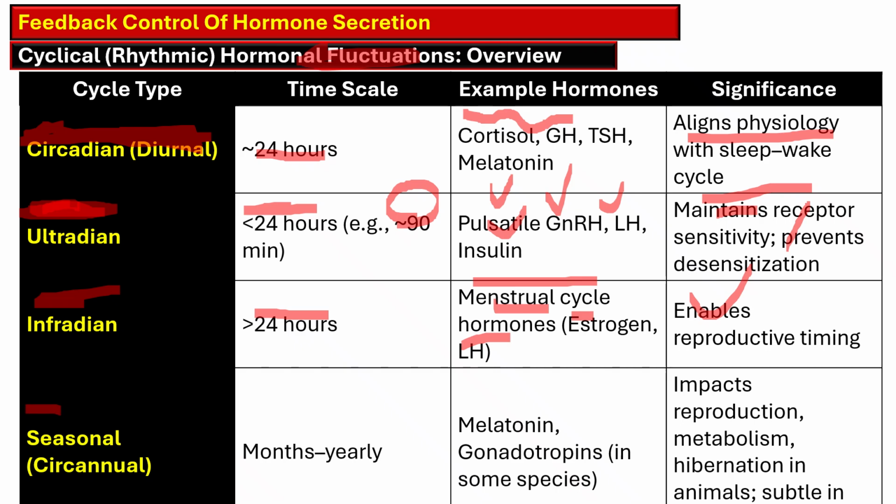Then there are seasonal or circannual cycles that occur monthly or yearly, and the examples are melatonin and gonadotropin in some species, and their significance is that they impact reproduction, metabolism, and hibernation in animals.